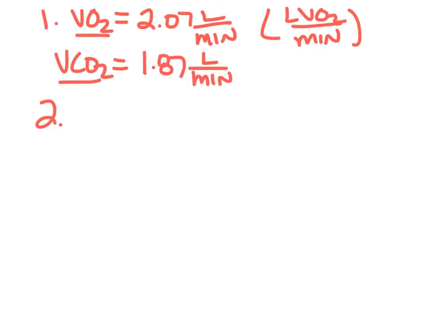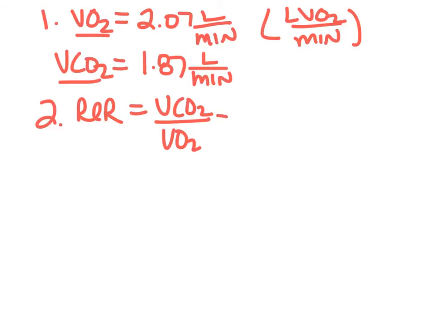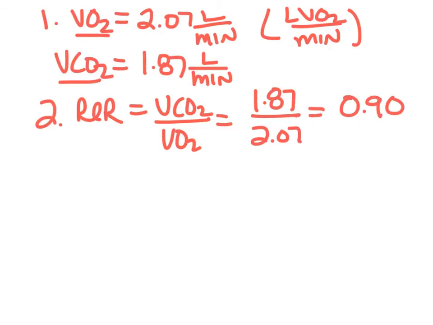Step 2 was to calculate RER so that we can use the table. And RER is VCO2 over VO2. Okay, so in our case, that's 1.87 over 2.07, which gives us an RER of 0.9.